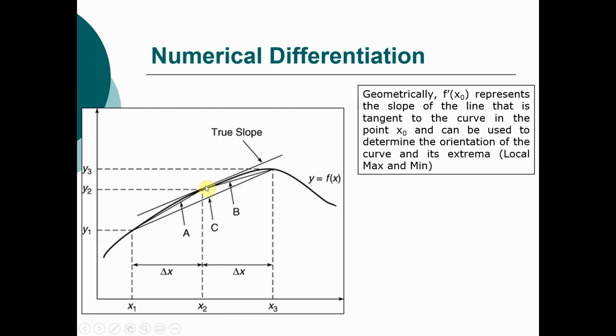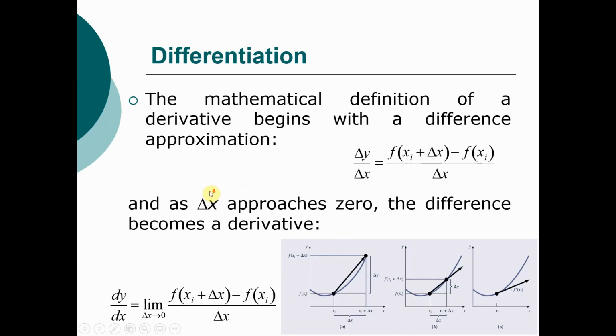We're going to look at three very basic methods to do that kind of approximation. So this is the mathematical definition of the derivative. It's basically delta y over delta x as delta x goes to 0.